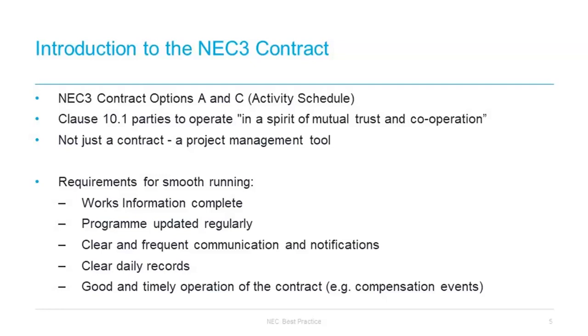The programme has to be constantly updated. There should be clear and frequent communication between the parties. The contractor should keep clear daily records. There should be a good and timely or contemporaneous operation of the contract. So, for example, assessment of compensation events should be done as and when they arise. And finally, the spirit of mutual trust and cooperation between the parties has to underpin the whole contract.